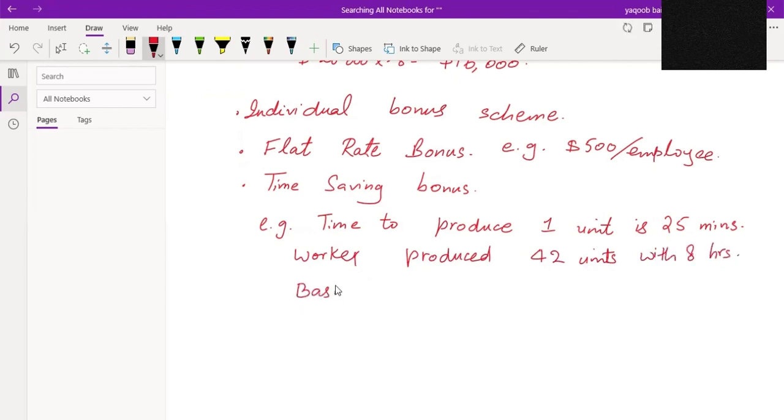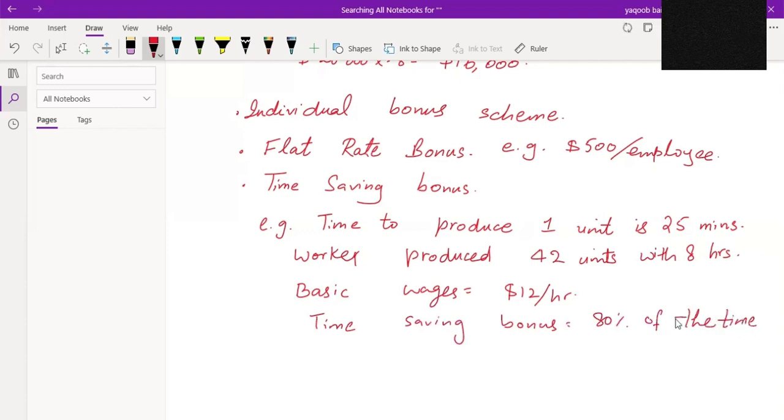Basic wages are $12 per hour and time saving bonus is 80% of the time saved. 80% of the time saved means 80% of the cost saved.